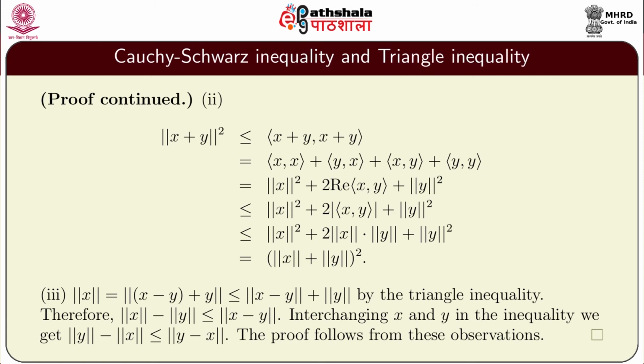That is because we know that the inner product y x is the complex conjugate of the inner product x y, and therefore, when we add a complex number with its conjugate, what we get is twice the real part. This is less than or equal to the norm of x square plus twice the modulus of the inner product x y plus the norm of y square.